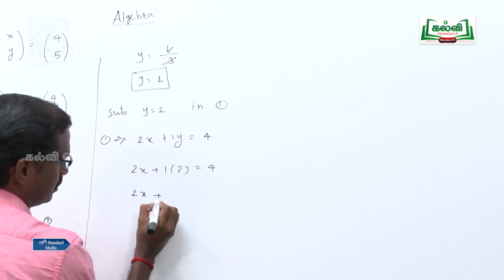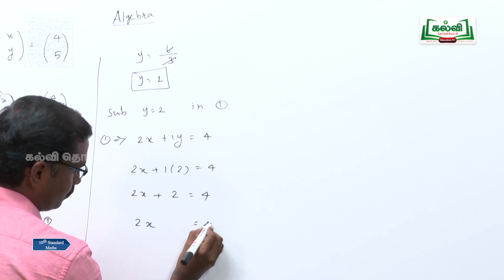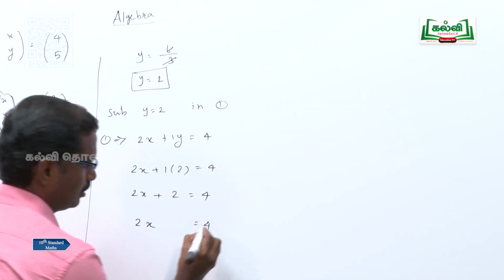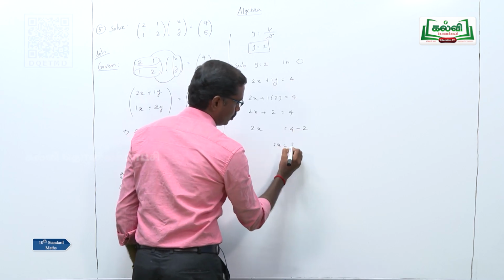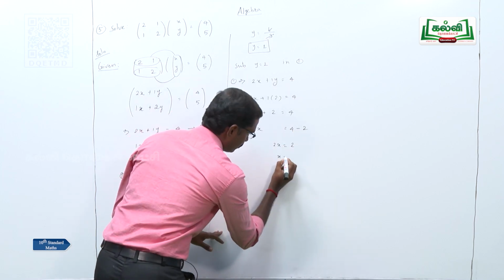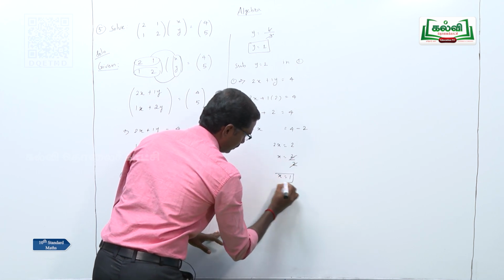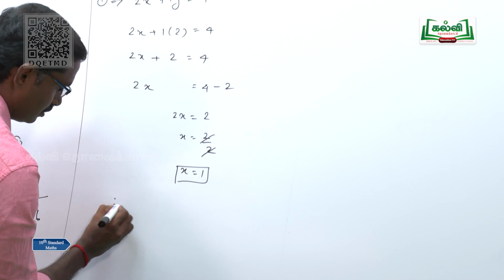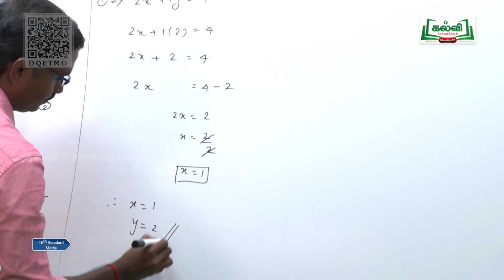So 2x plus 2 equal to 4, so 2x equal to 4. This 2 bring to right side, so minus 2. 2x equal to, subtract, you will get 2. So x equal to 2 divided by 2, cancellation, x equal to 1. Therefore x equal to 1, y equal to 2.